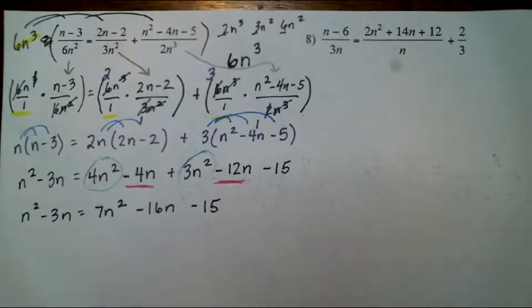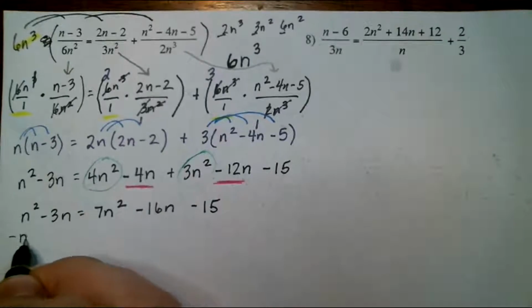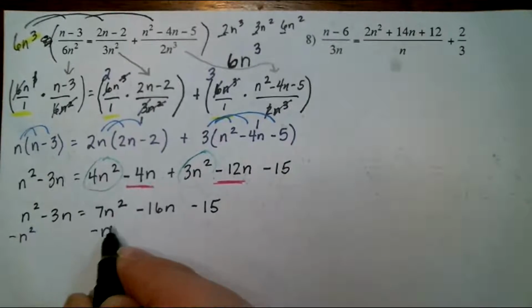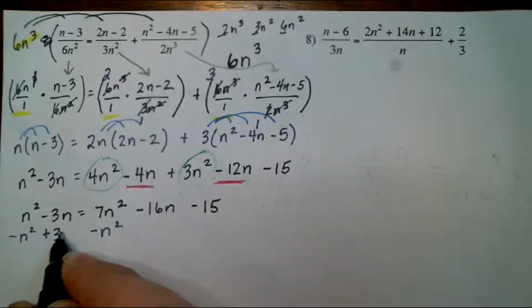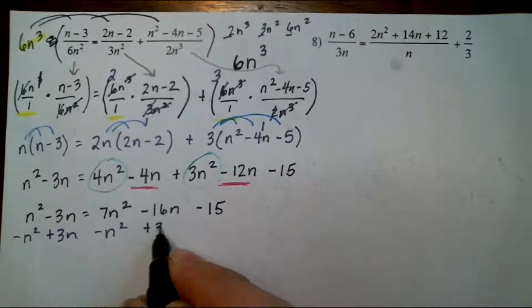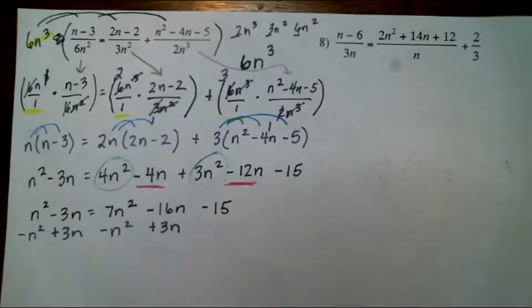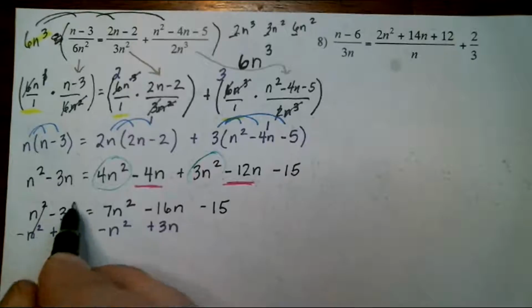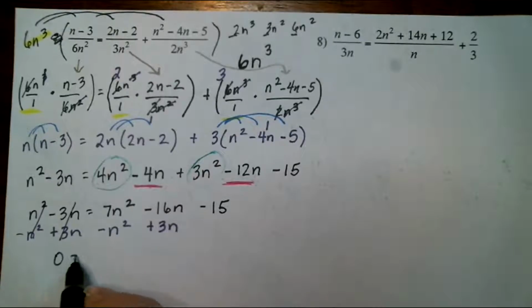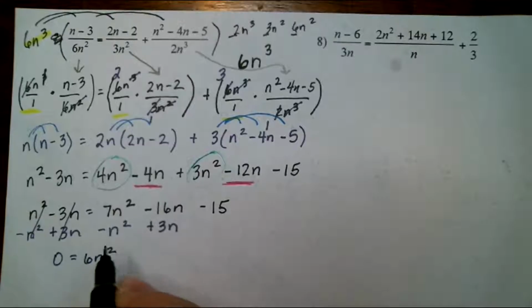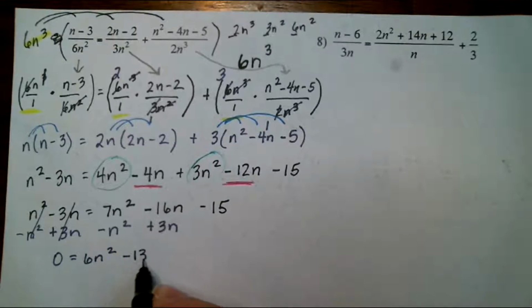From there, I need to subtract this n squared from that and add that 3n in here. Everything cancels on this side. And I get 0 is equal to 7 minus 1 is 6n squared minus 13n minus 15.